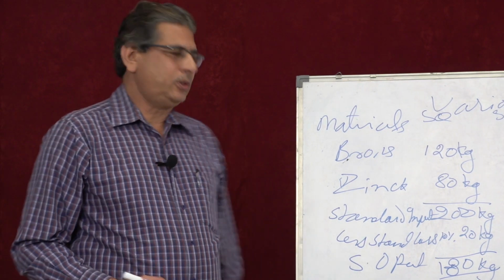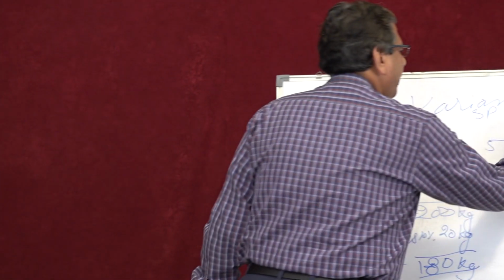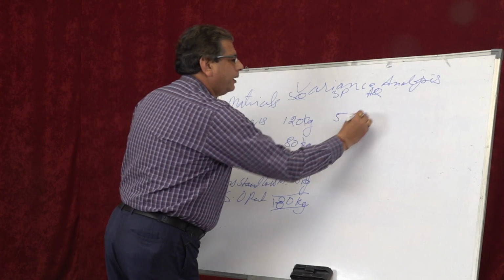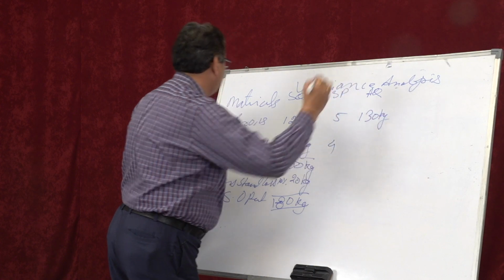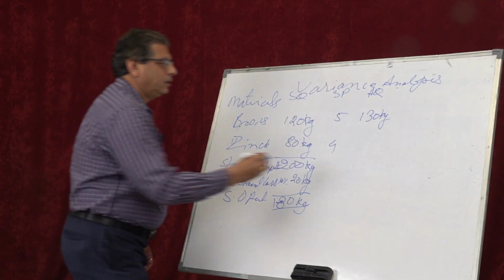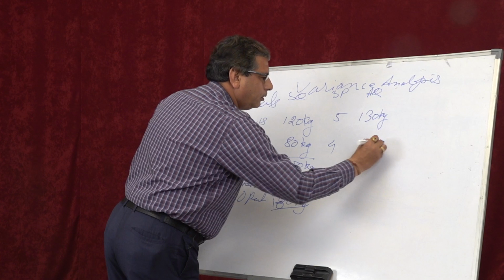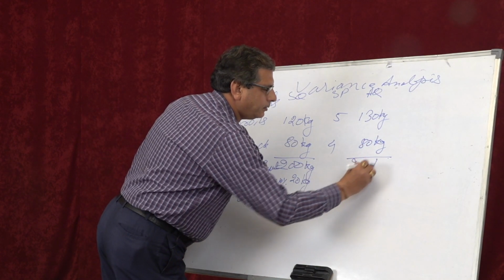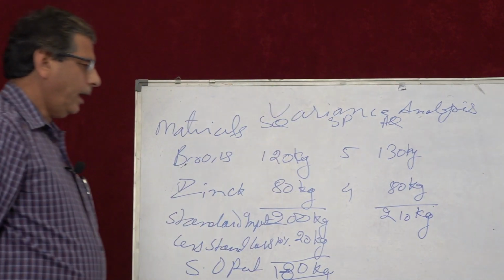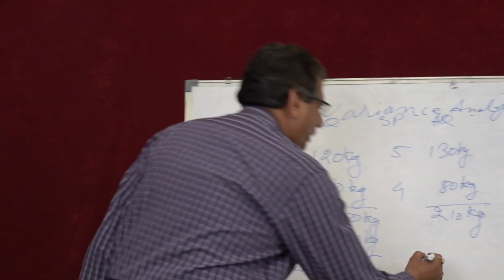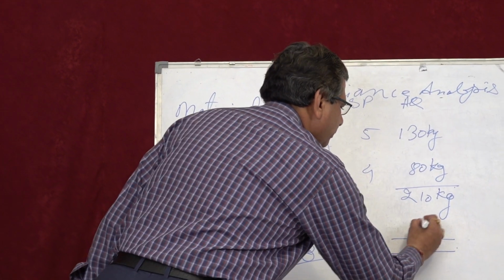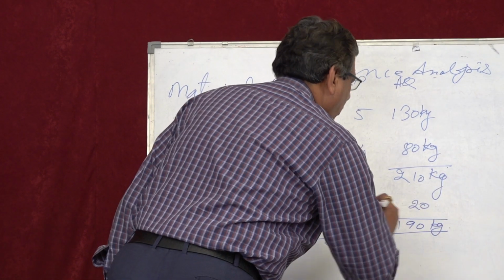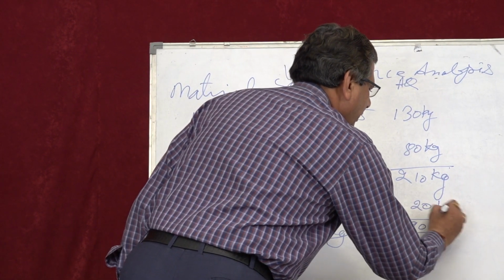In a particular batch, you mixed actual quantity, say for example 130 kgs of brass, zinc 80 kg, total actual input came to 210 kg, and the output, say for example, is 190 kg, actual loss 20 kg.